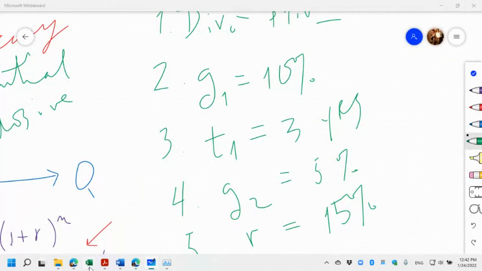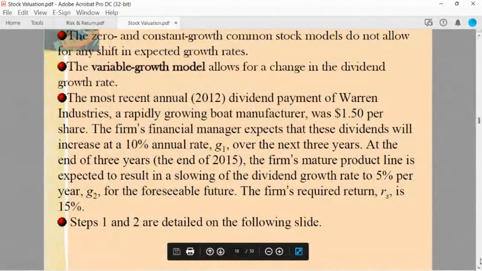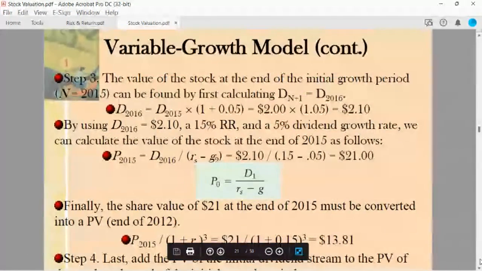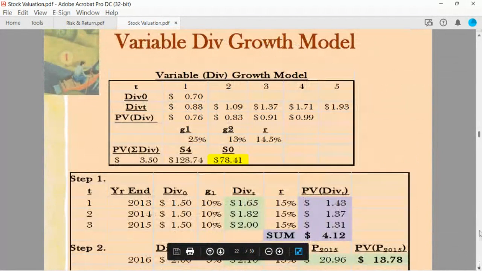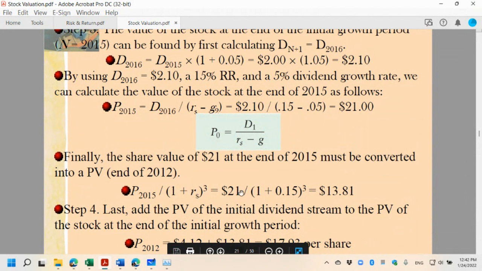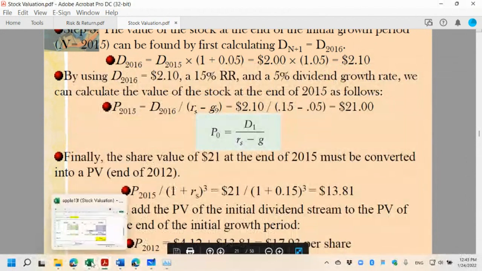So let's take a look and compare it with the book. They came up with 17.93, versus our 17.90.